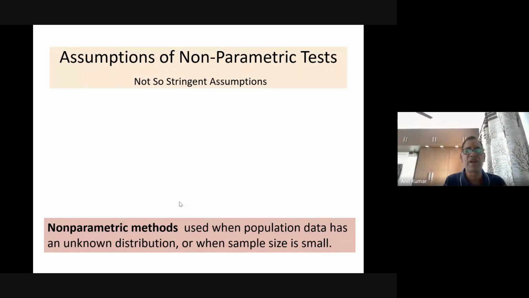Non-parametric methods are used when population data has an unknown distribution, the distribution is not known, and the sample size is also small. When we have these conditions for our collected sample data, then we should go for a non-parametric test.